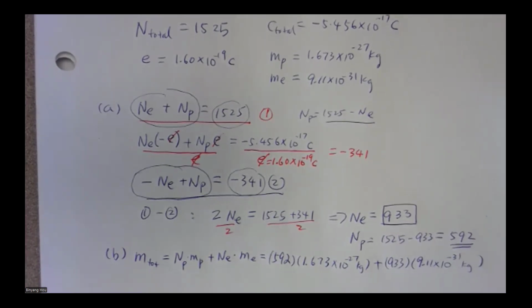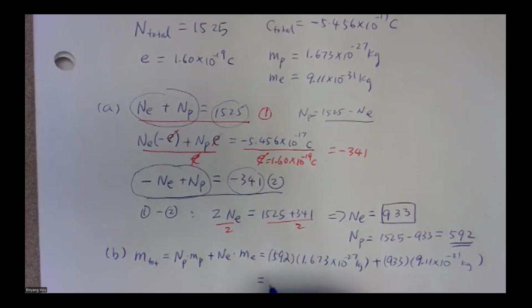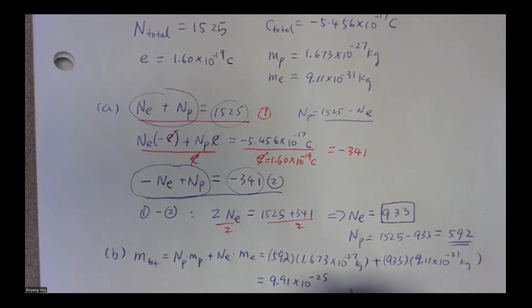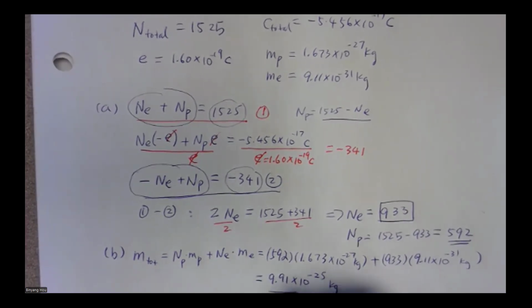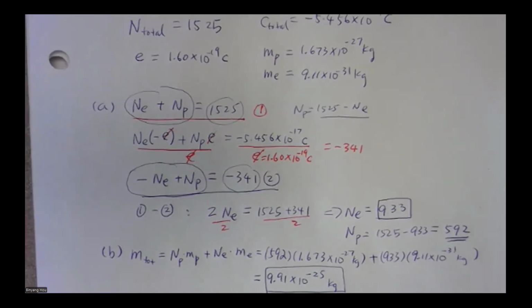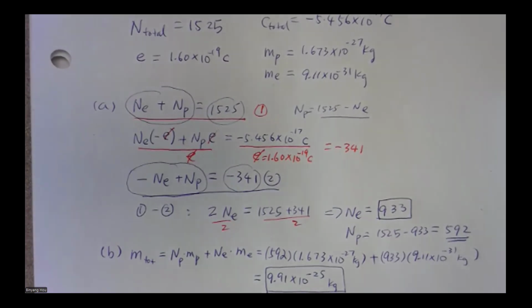That will give us 9.91 times 10 to the negative 25 kilograms as the total mass of the system. Again, it's a small number because the masses of electrons and protons are really small. All right. So let's go back to the slide.